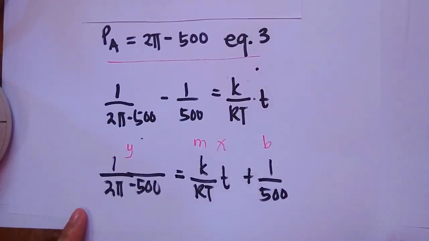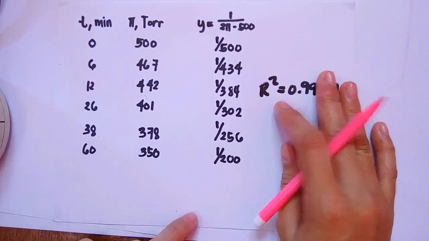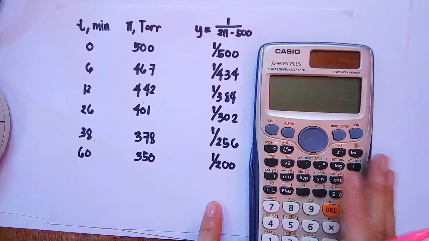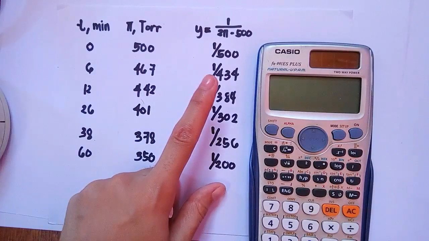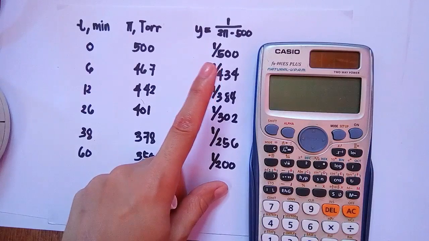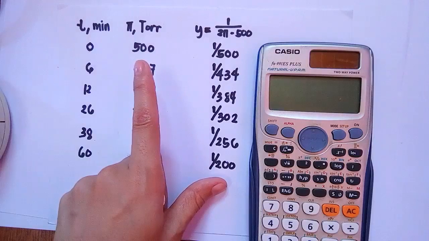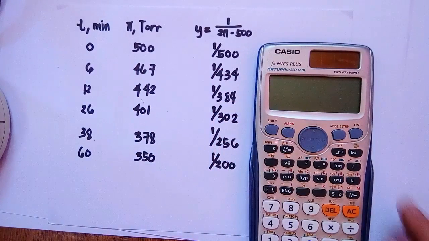Actually, I've already calculated the values and tabulated them. For time 0, our y is 1 over 500. That is 1 over 2 times 500, which is 1000, minus 500, so this becomes 1 over 500, and so on.